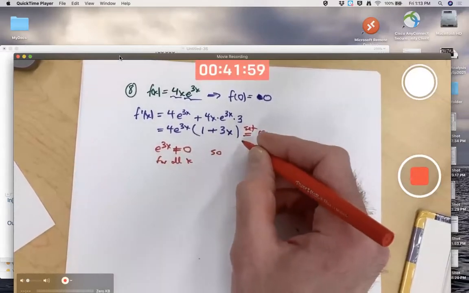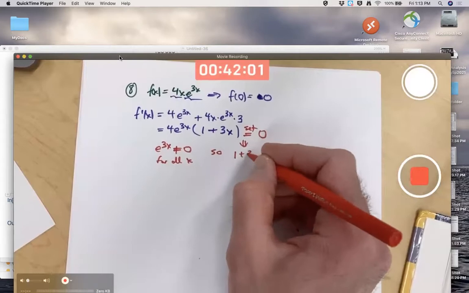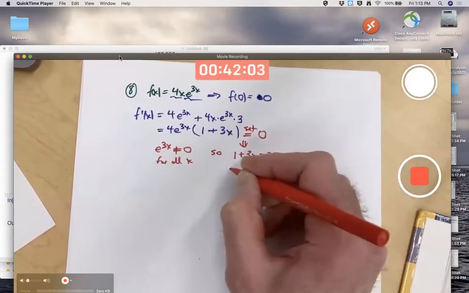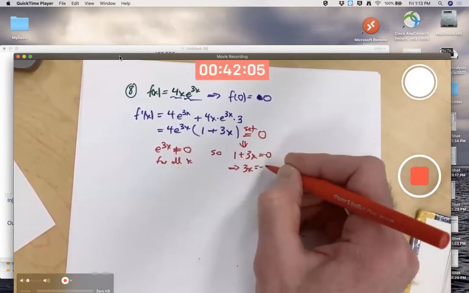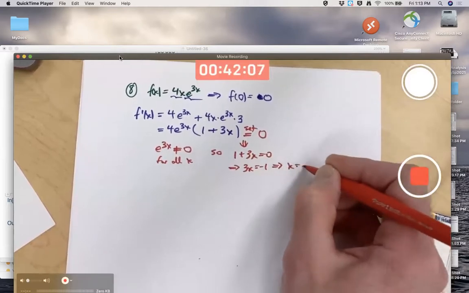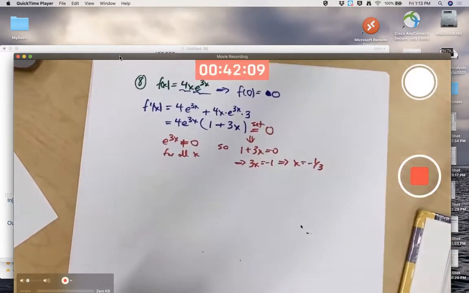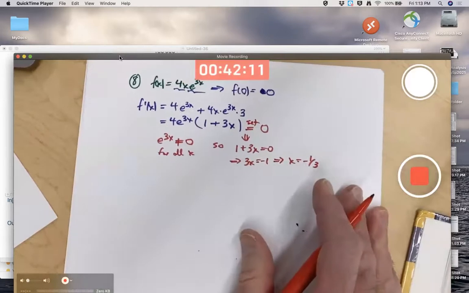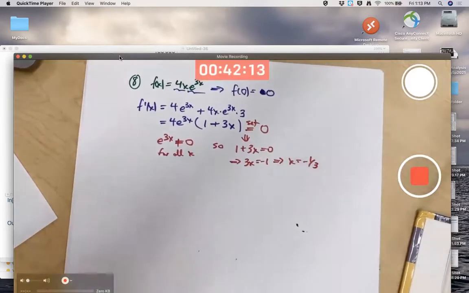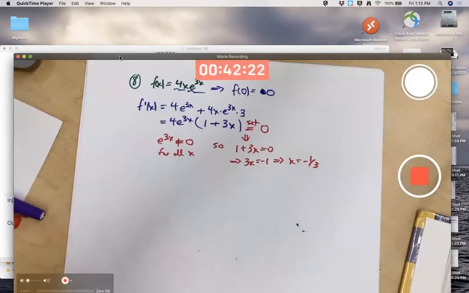So this implies that only 1 plus 3x is 0, and therefore 3x is negative 1, and therefore x is negative 1/3. That is a critical point of f. Whether or not f prime changes sign as x increases through negative 1/3, we haven't tested yet. Let's go ahead and test it.